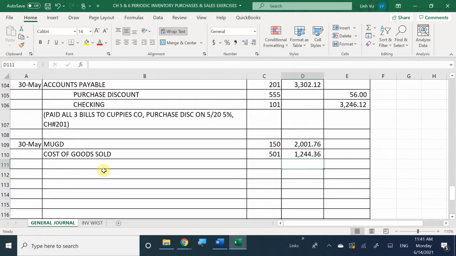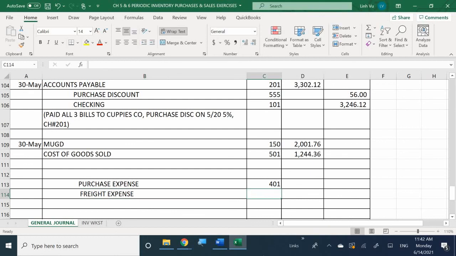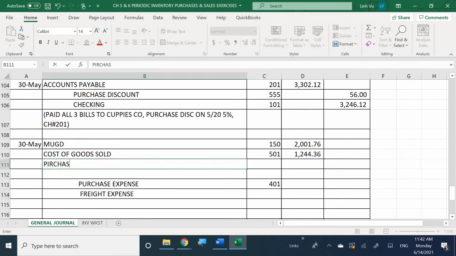Purchase what? Oh, purchase expense, right? Okay, purchase expense was 401. Freight expense. We also have to recognize freight expense. And purchase returns and allowances and discounts.